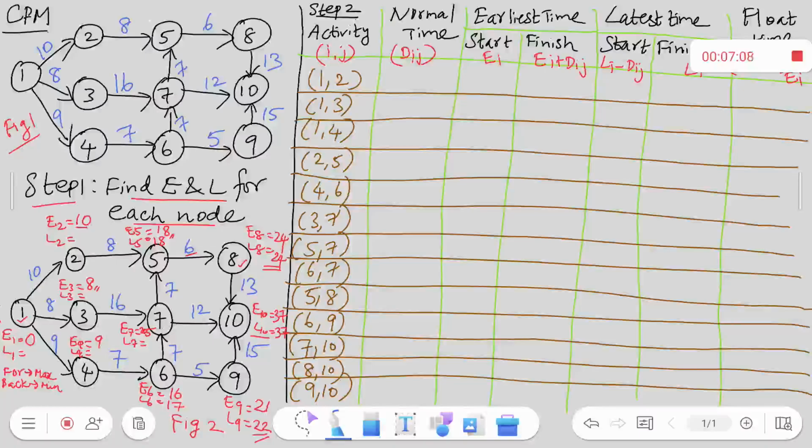Now, I go for 7. When you take 7, it is 37, which is at 10, minus this 12. So it becomes 25 here. So, mid values are filled. Now, from 7 to 3, it is 25 minus 16, so it becomes 9 here.